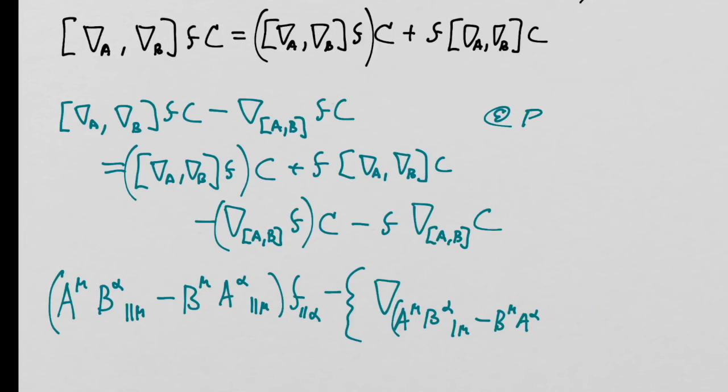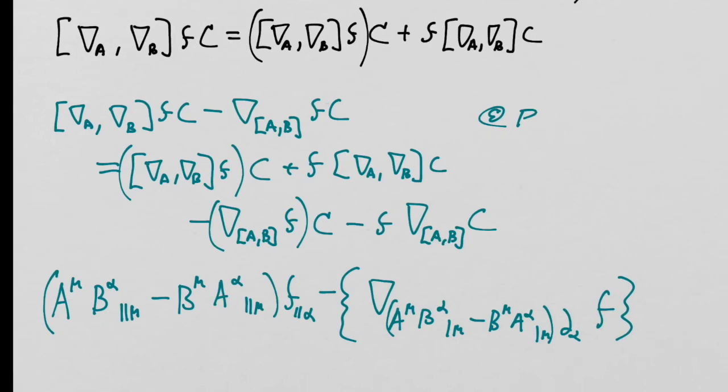If I'm going to go in full component notation, I've got to say mu, and then this whole thing I've got to give its basis vector, partial alpha. That's the basis vector in the coordinate basis. And this whole object acts on the function f. So now I can take this guy here, and I can say this is the covariant derivative in the direction of this vector, acting on f. And now I rewrite that.